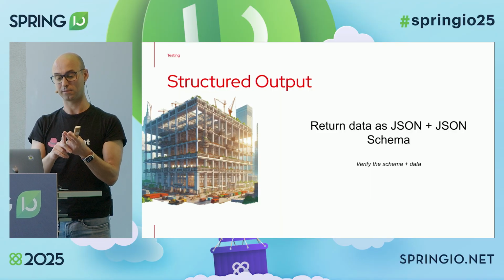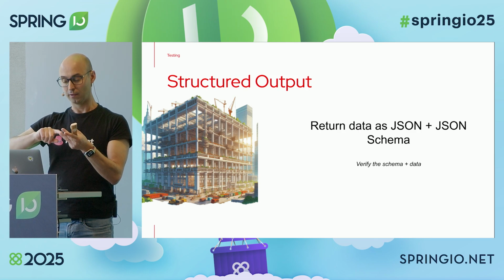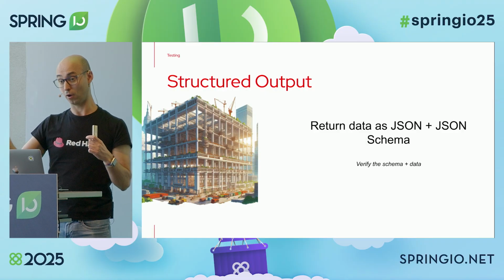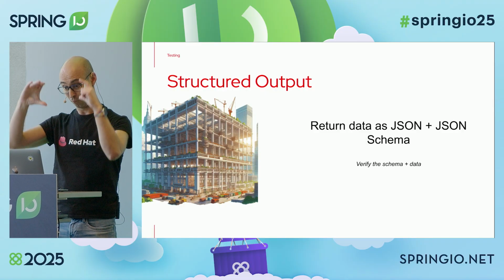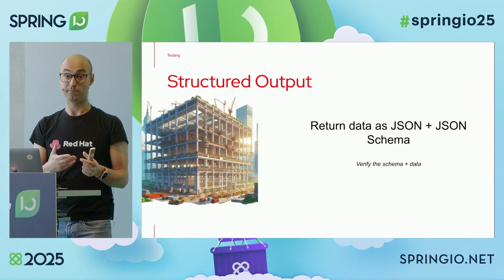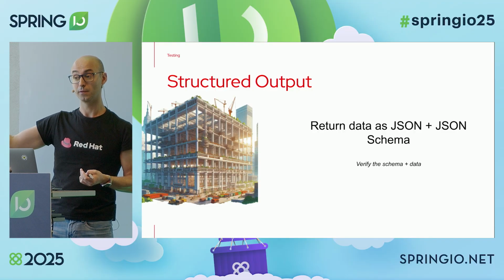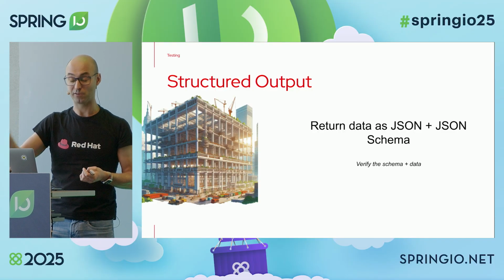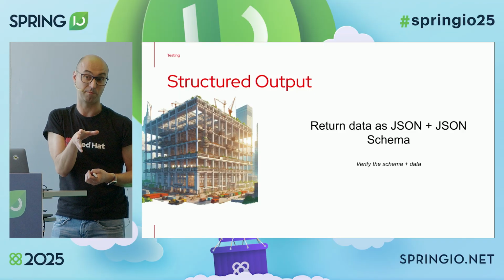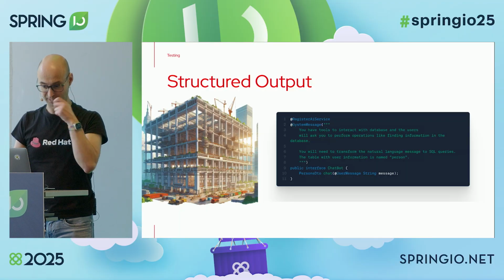And some models, for example ChatGPT or Gemini as well, let you set the JSON schema that I want you to follow. So not only give me the JSON, but follow this schema. This makes all the tests easier, right? Because you are sending natural language to the model, something natural, but it's still your input. And as output, you will get something more predictable, because it's going to have a structure. And that's easy to do.